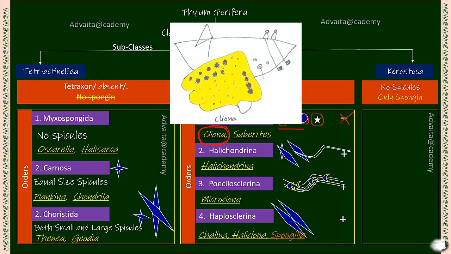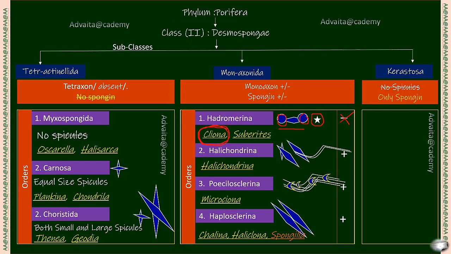In Helicondria, Helicondria is very important. How many of you enjoyed the rusk and tea? That is dry bread and tea. If you recall the texture of the rusk or the dried bread that is given to you, that is the same as the example of Helicondrina. That's why they are called crumb of bread sponges.